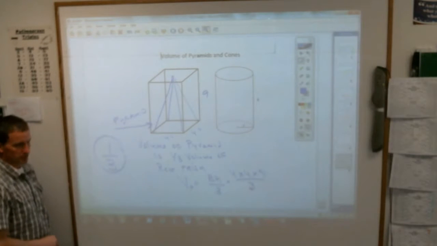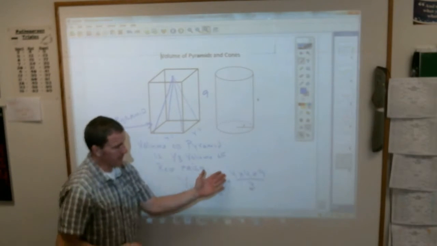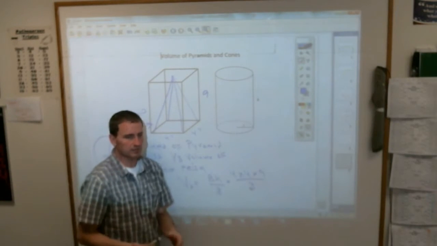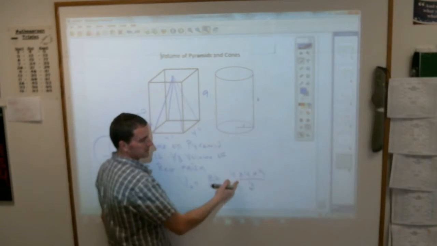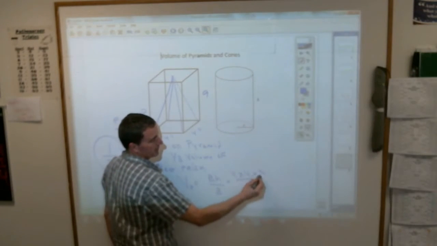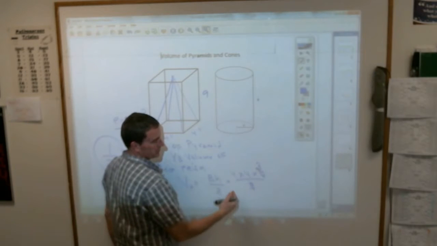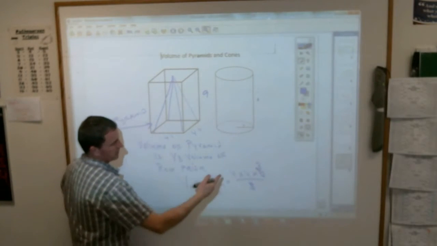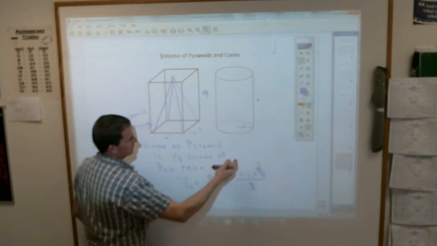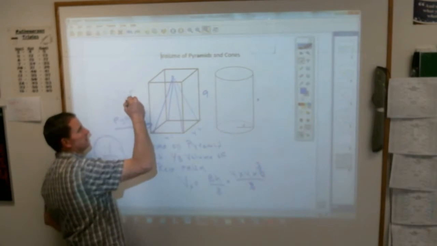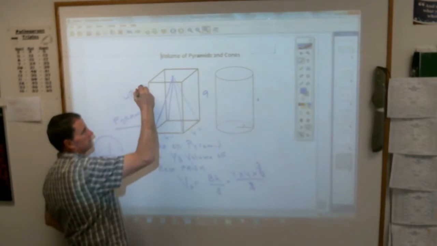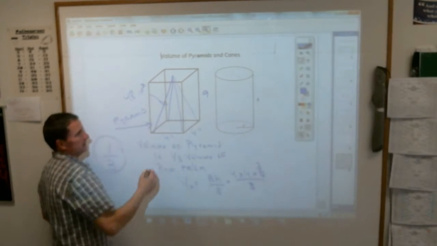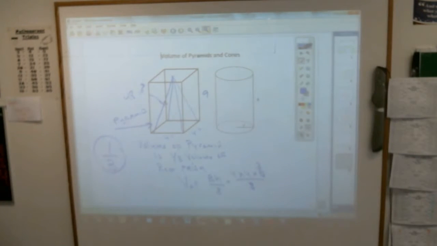To save yourself a little time, I would write the whole thing out like this, because if 3 happens to go into one of these numbers, you can cross-cancel right off the bat. 3 goes into 9 3 times. 4 times 4 is 16, times 3 is 48 inches cubed. That would be the volume of that pyramid.